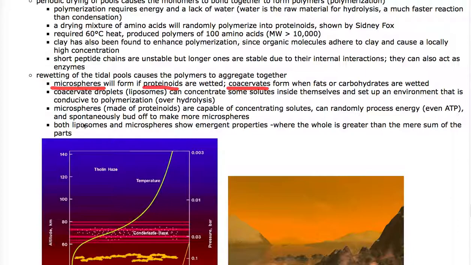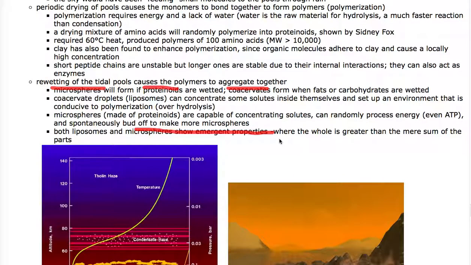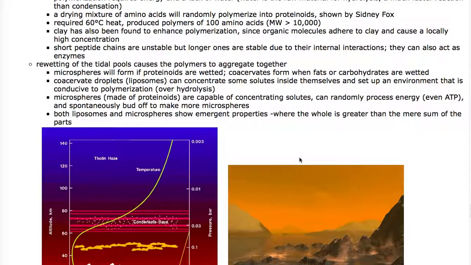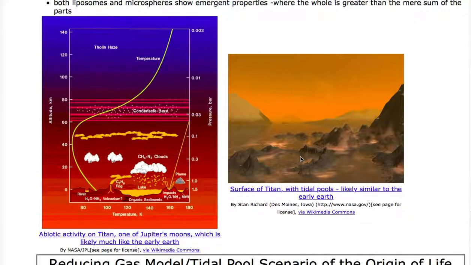And basically, these microspheres could have developed what are called emergent properties. In other words, long-lasting microspheres might randomly bud off and make little microspheres, just like soap bubbles do. It may have been the first strategy of reproduction of the original life forms until actual life showed up on Earth.